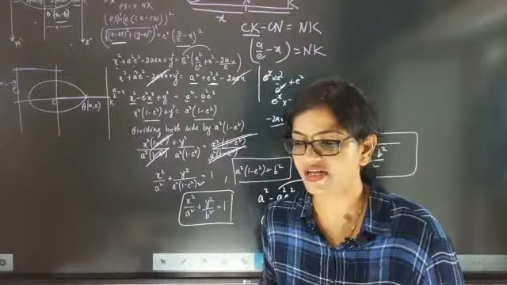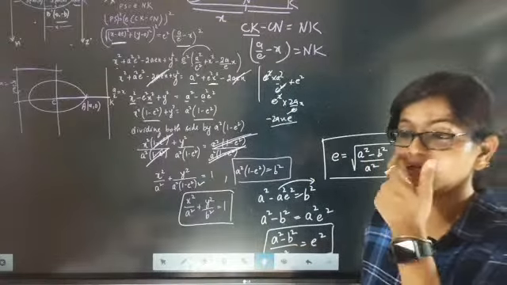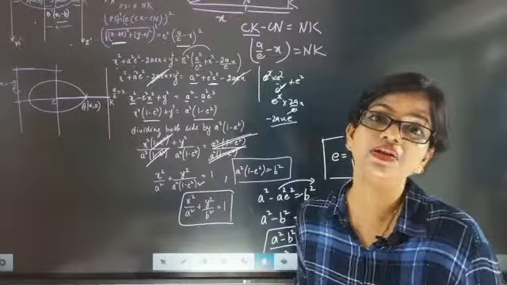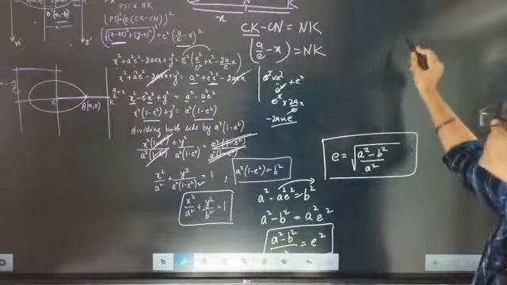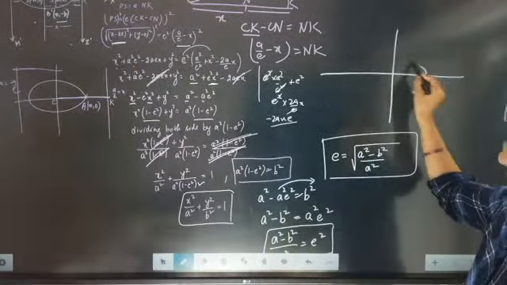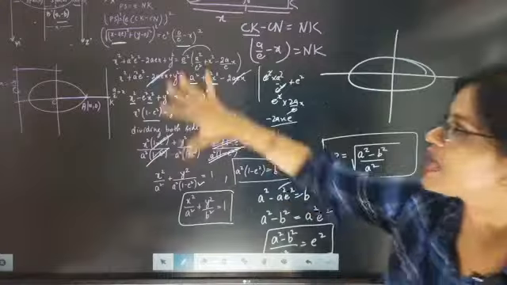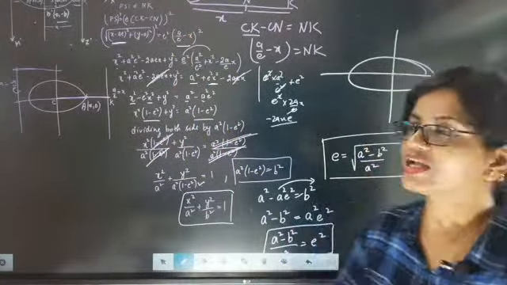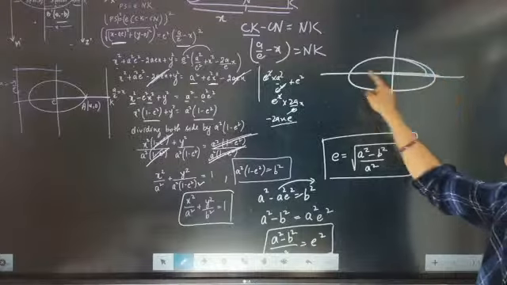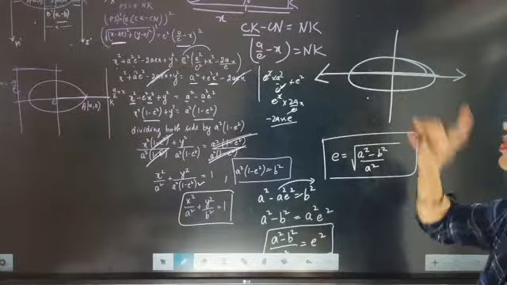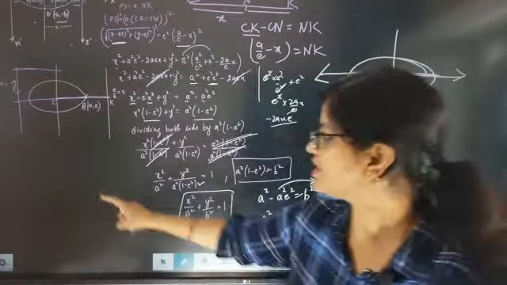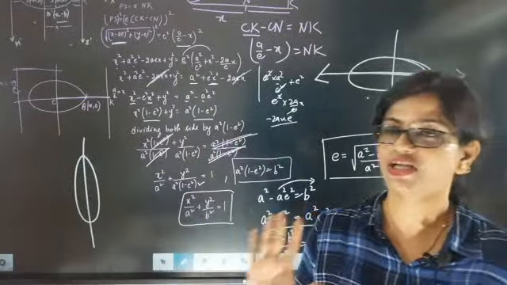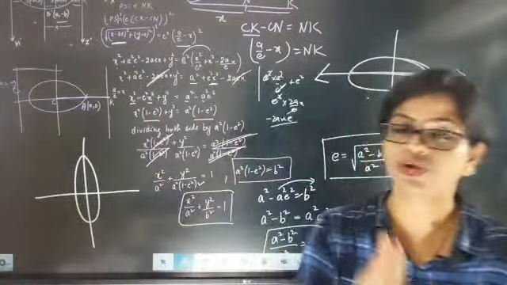But I am repeating this part again, this eccentricity will come only when the ellipse major axis is on the x-axis. Whatever I have derived will match exactly when the ellipse major axis is on the x-axis. When the ellipse major axis is on the y-axis, everything will change. That change also I am going to teach you.